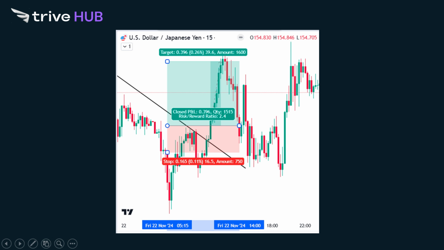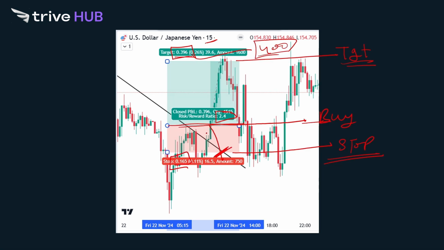But if the market moves in my favor, then I can take profit around 400 pips at least. You can see in this tool that the risk to reward ratio is also there: 1:2.4. If I am risking $1, then I am aiming for $2.4. This is how you can use it in both short and long positions. You can go to TradingView and find the position tool.